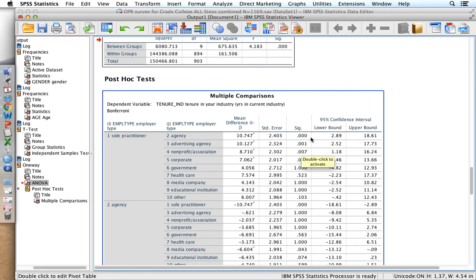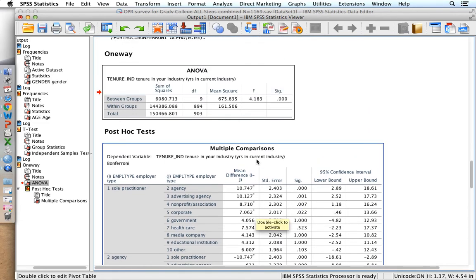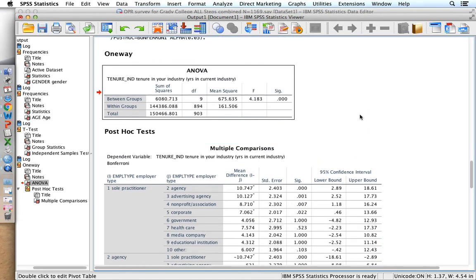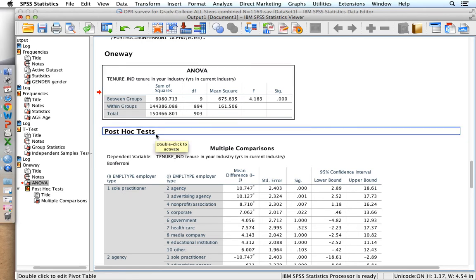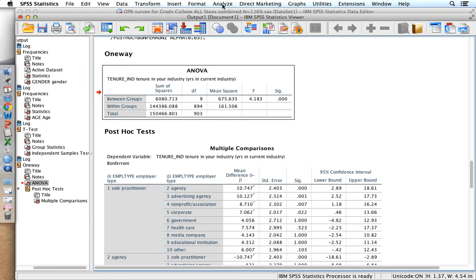I want you to be able to tell me what the SIG is for that pairing, and then what the mean difference is, and which one is higher. Recall also that this is an inferential test, and every time you do an ANOVA, you have to do a post hoc test. The post hoc test is the thing that tells the difference between the actual cells. So you must be able to do that.